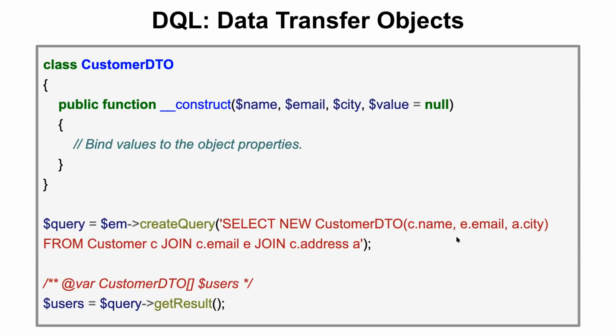See, c.name comes from the customer entity, e.email comes from the email entity, and a.city comes from the address entity. And I want to represent all of that data as a CustomerDTO, and I inject the name, email, and city into that object and set them to properties on that object.